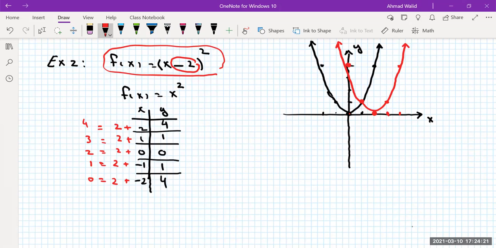This is the technique for the shift, horizontal shift. If it was plus 2, I will subtract 2 from the x column. Always remember opposite sign. Take the opposite of that number and use the x column.